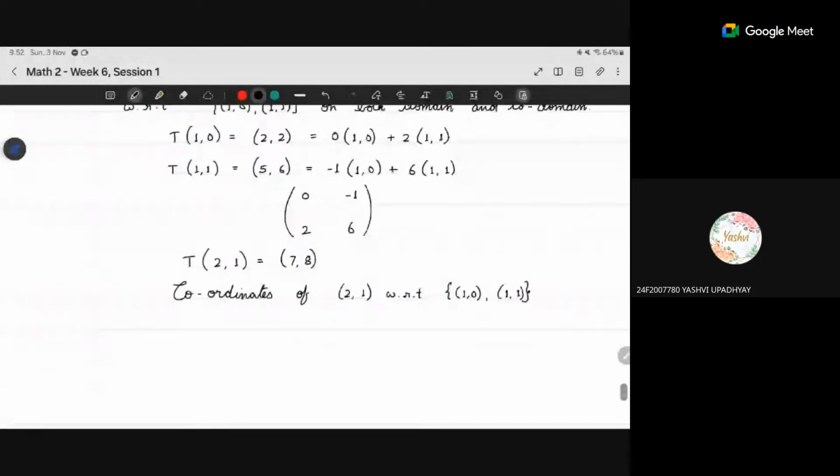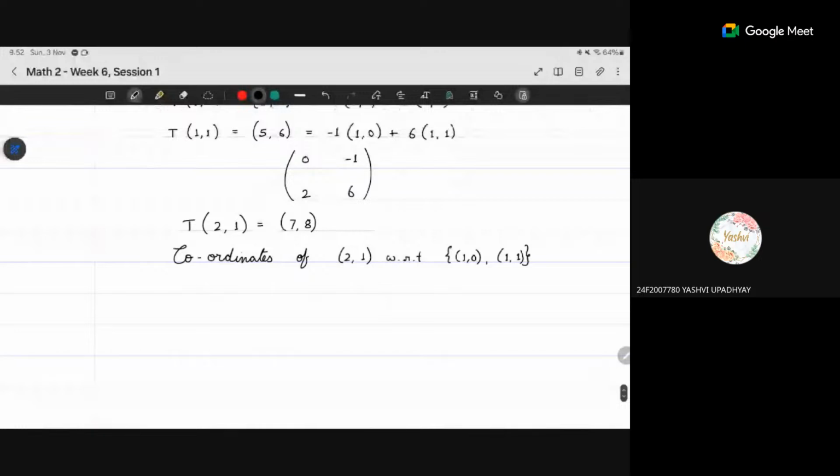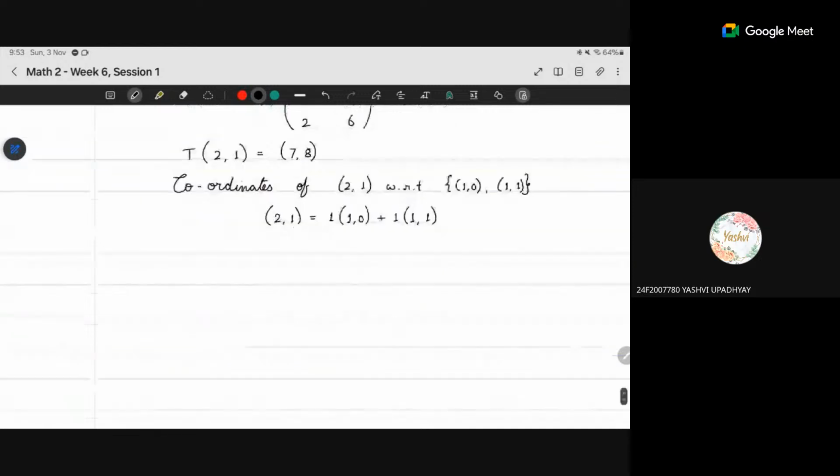Coordinates are the coefficients which express this vector. So I can write 2, 1 as 1 times 1, 0 plus 1 times 1, 1, right? So the coordinates of 2, 1 are 1, 1.